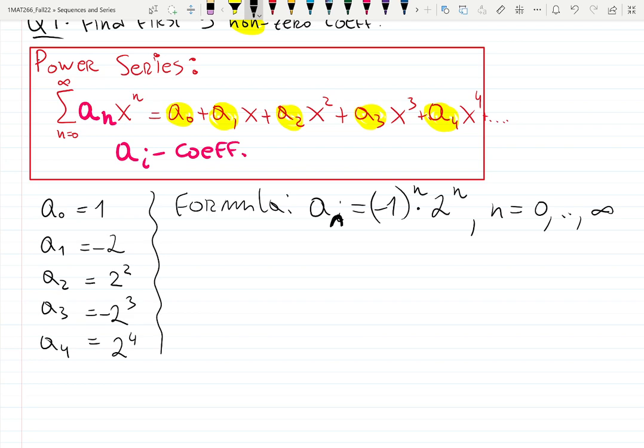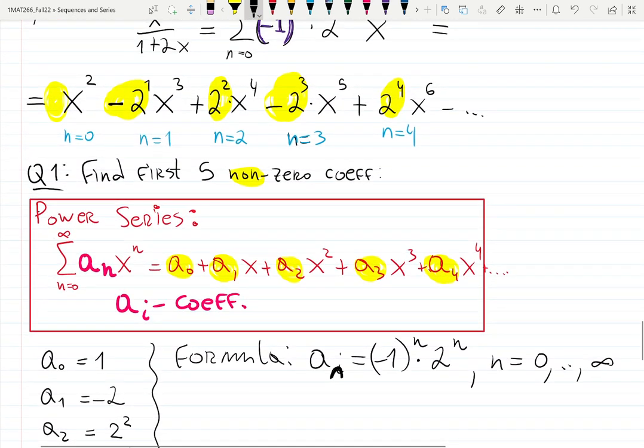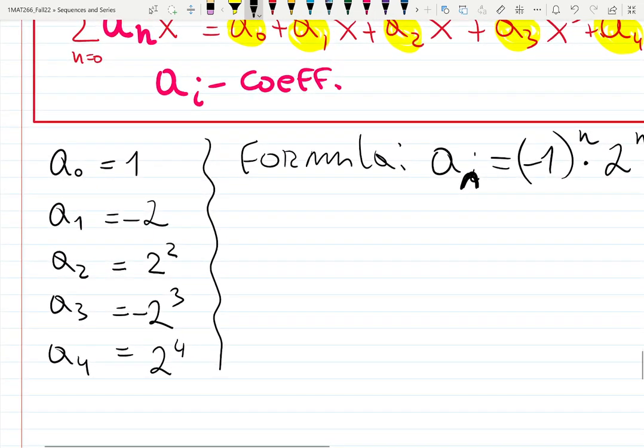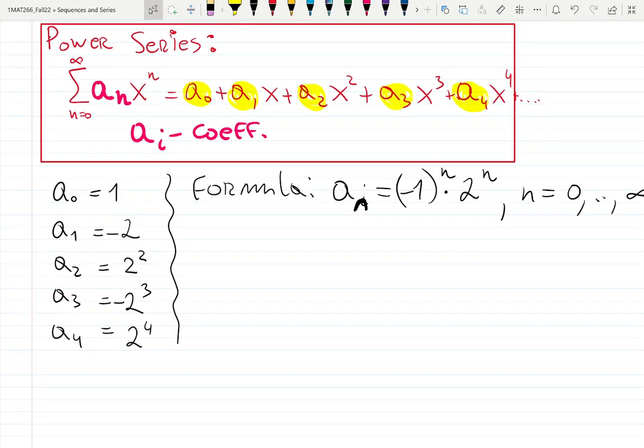However, what's confusing, which was already asked by several people, is that sometimes they ask you to find something else. Those are the non-zero coefficients, so we keep them here.